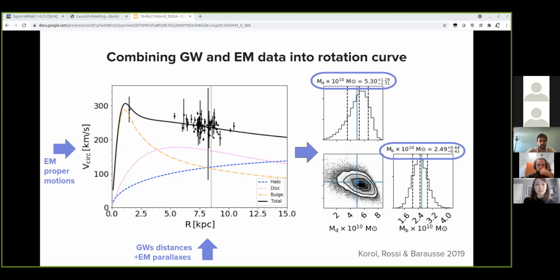This study, which I conducted with Enrico, was a proof of principle showing that by combining very little information from both gravitational wave and electromagnetic observations, and without using additional assumptions, we can fully characterize baryonic components of our galactic model.